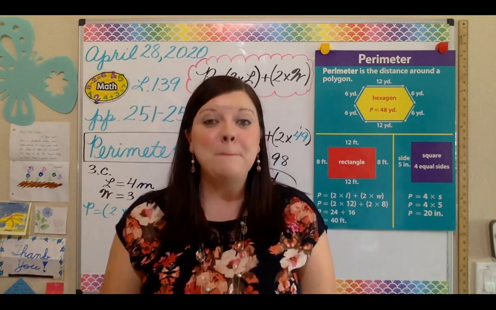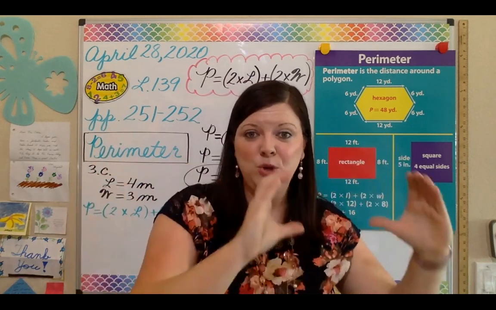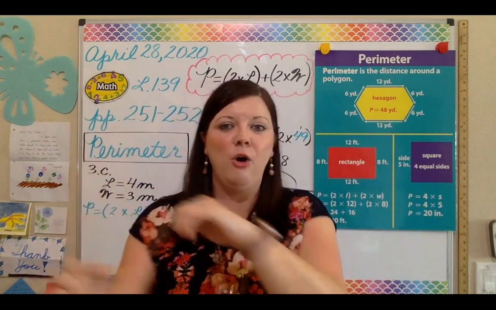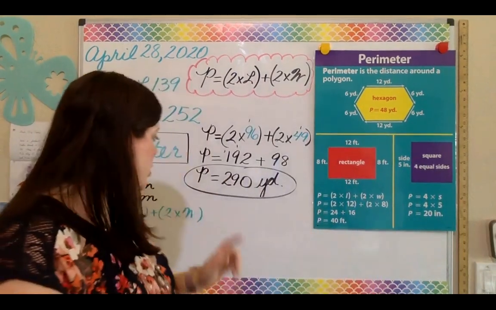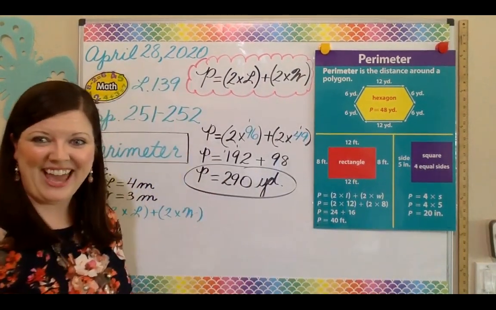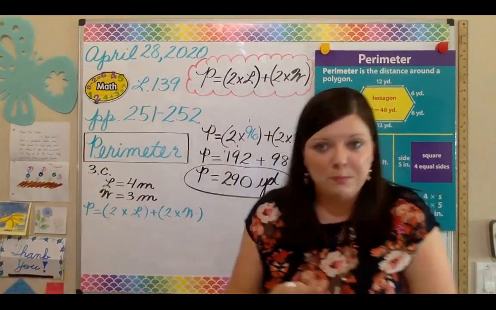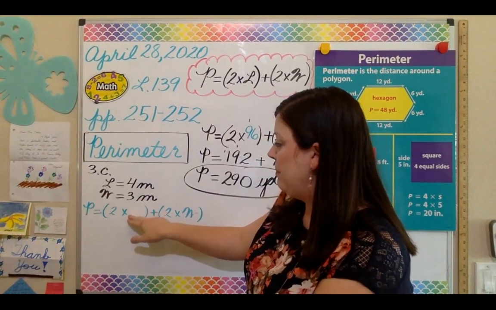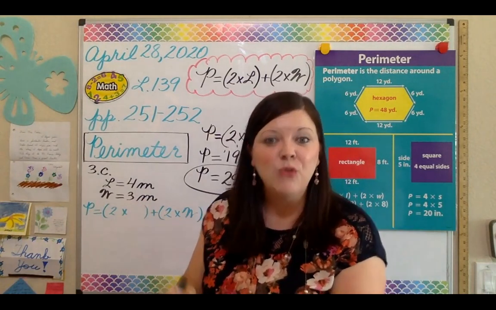Ready, begin. P equals 2 times L plus 2 times W. Say it again. P equals 2 times L plus 2 times W. Make sure when you're writing it that you include your parentheses, okay? Now that our formula is written, let's erase and replace. Let's erase the L and let's replace the L with what the L is. L is 4.